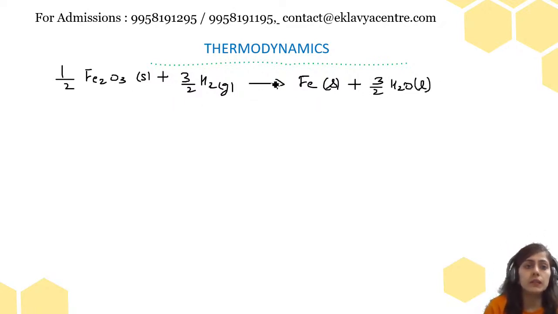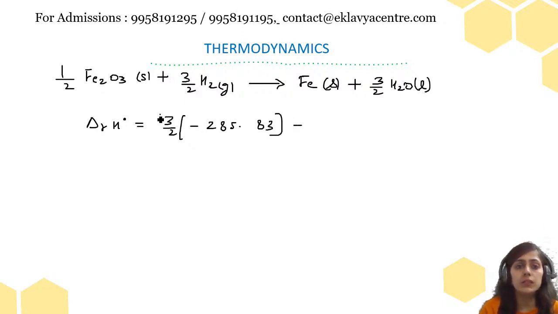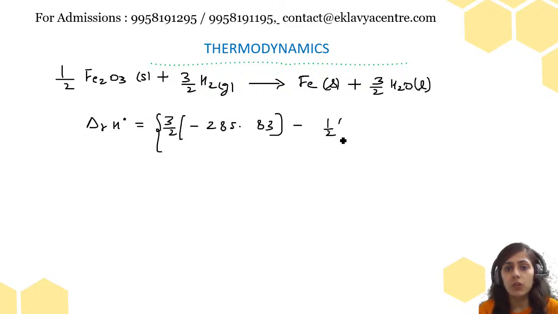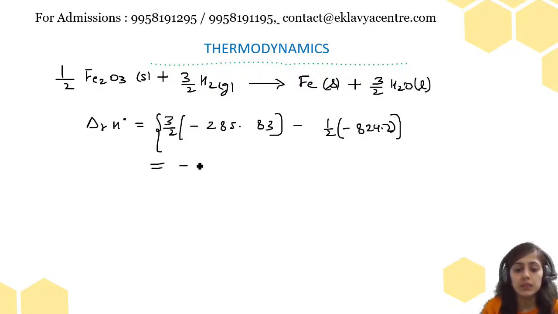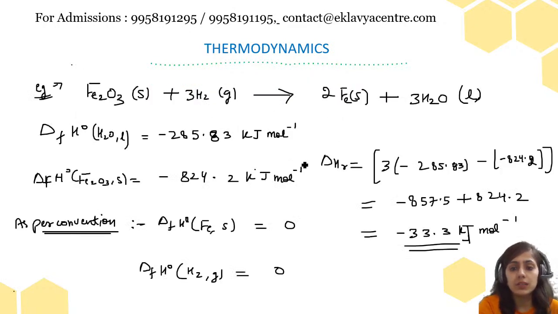Now the enthalpy of reaction will be 3 by 2 of minus 285.83 minus half of minus 824.2. On solving this, you will get minus 16.6 kilojoule per mole. If you compare the results, it is just half.